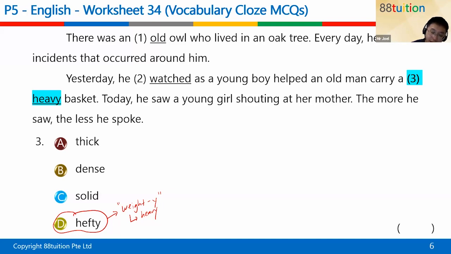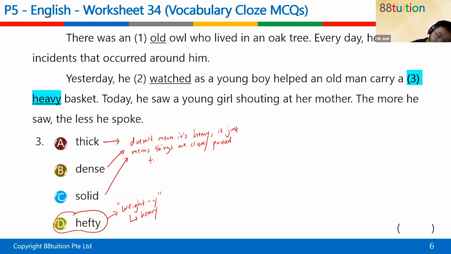All right. Thick, dense, and solid doesn't mean it's heavy, right? It just means things are closely packed together.